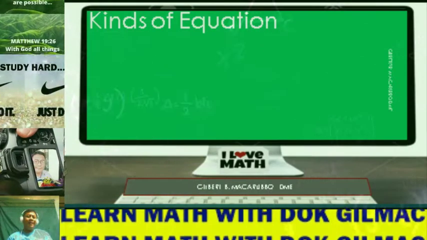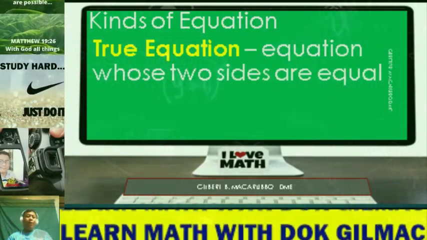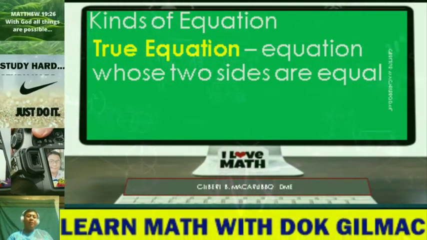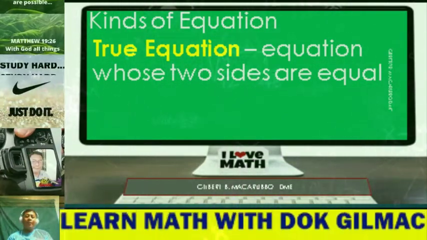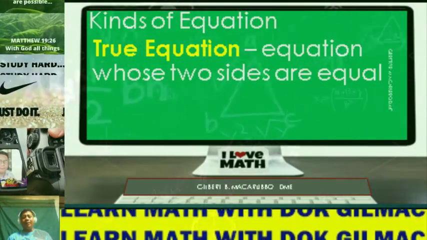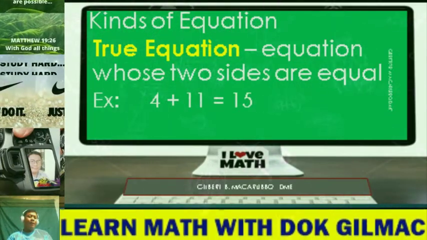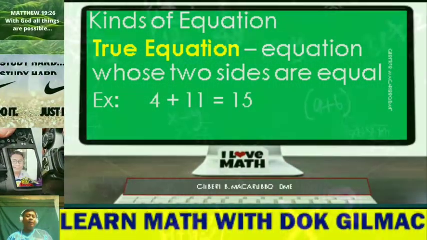Consider the different kinds of equation. We have here true equation. When we talk about true equation, it is simply an equation whose two sides are equal. For instance, 4 plus 11 equals 15.